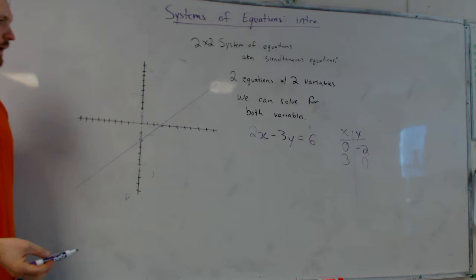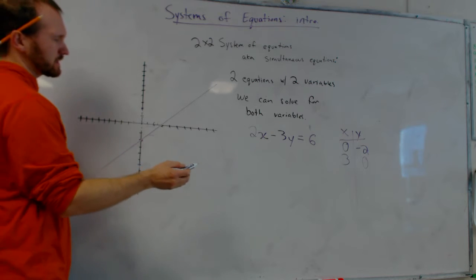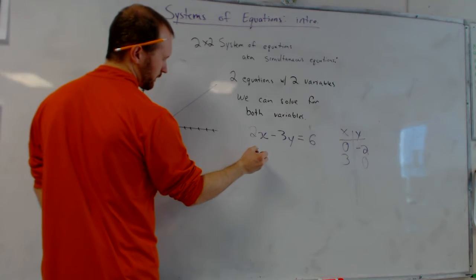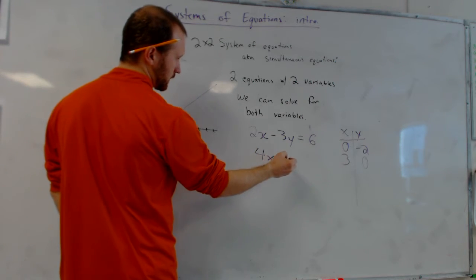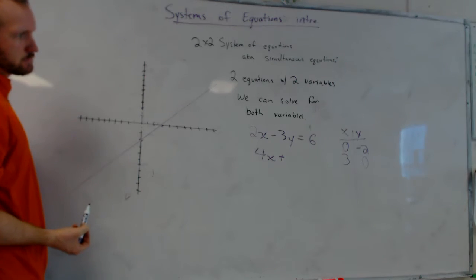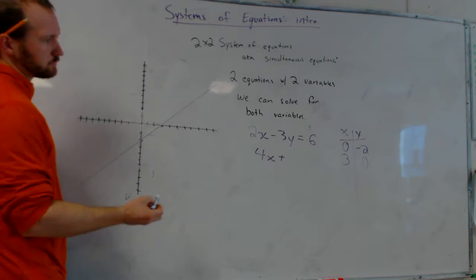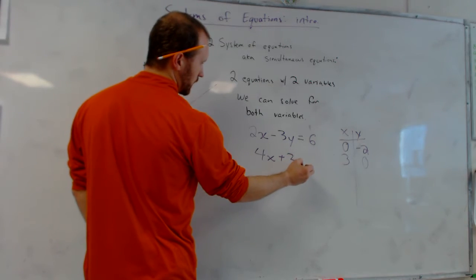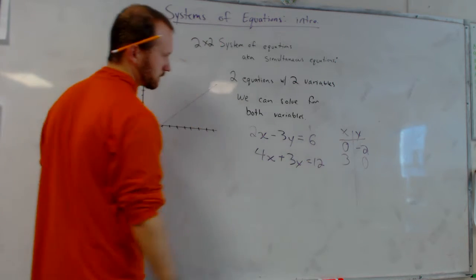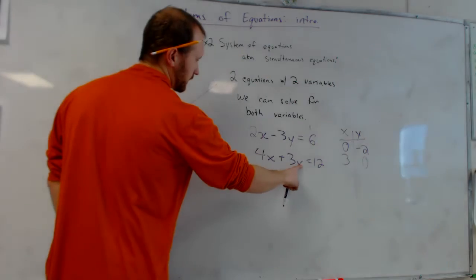And then let's say I had another one. Maybe it's something like 4x plus 3y equals 12. How would I graph this one?